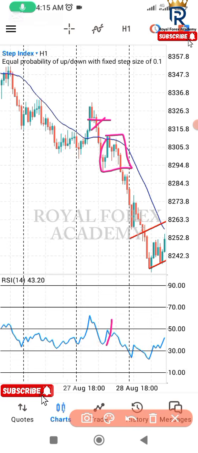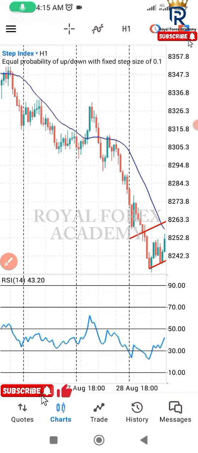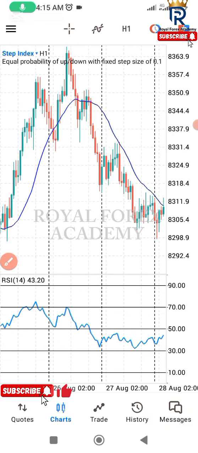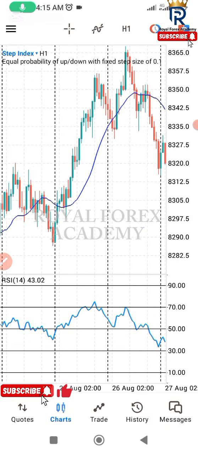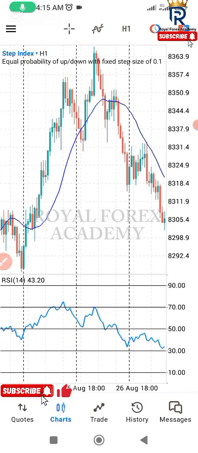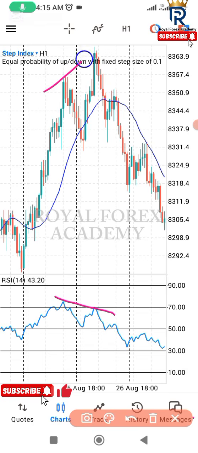Okay, so I'll be doing a more detailed video on this, on how you can use your divergence, such as in this scenario. This is a divergence, and you can see how price plays out from that zone.